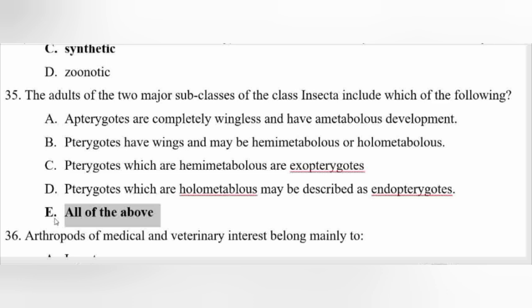And then again, pterygotes which are holometabolous may be described as endopterygotes. Yes, insects which have wings and undergo complete metamorphosis may be described as endopterygotes because their wings develop inside their body. That is why our best option should be all of the above.